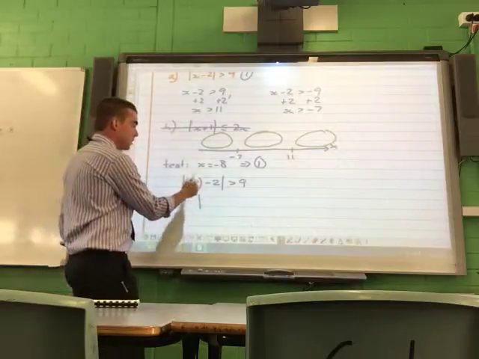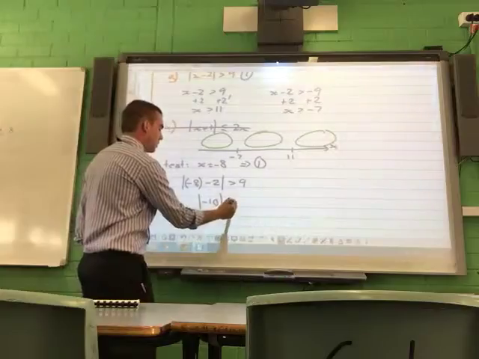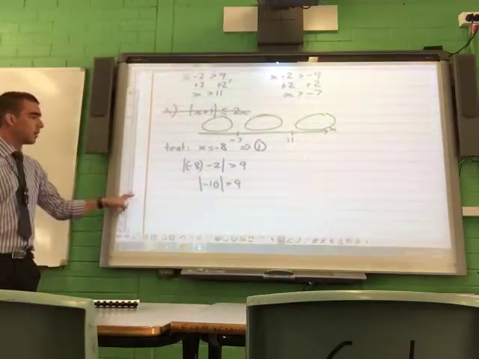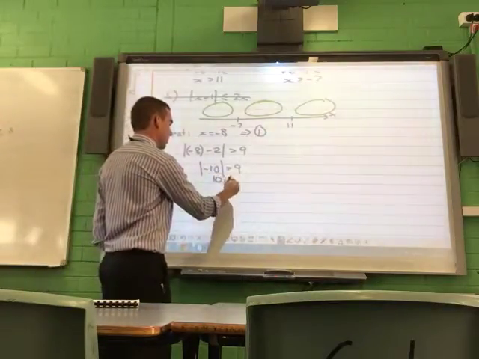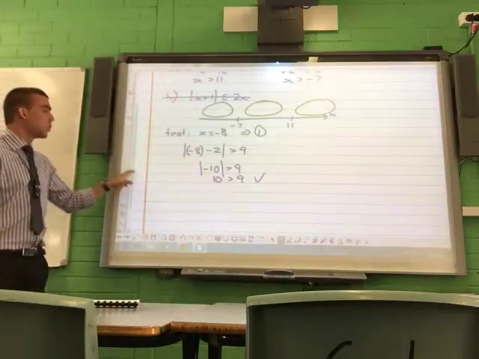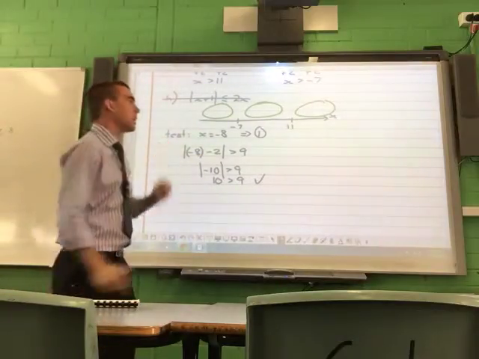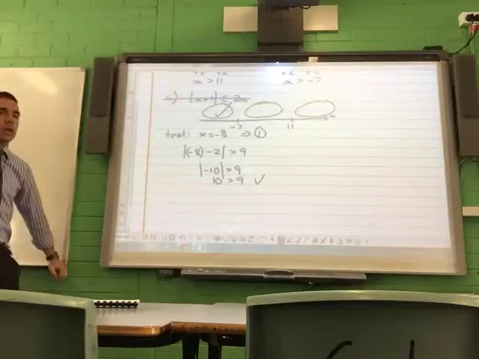So the absolute value of -8 take away 2, which is -10, is greater than 9. So 10 is greater than 9. What that means is any point less than -7 will work. In that region, the point will work.